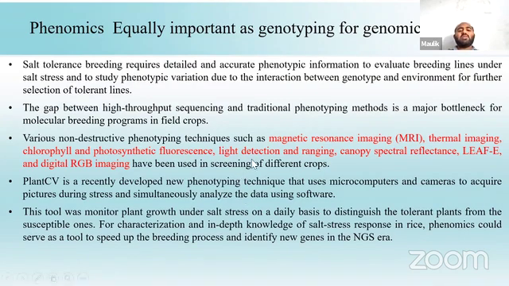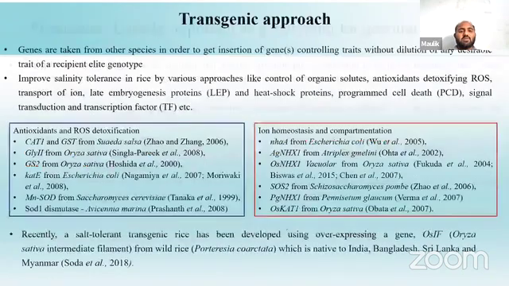So which tools are required for phenomic studies? Magnetic resonance imaging, thermal imaging, chlorophyll and photosynthetic fluorescence, light detection and ranging, and canopy spectral reflectance. These are all computer-based tools which are used in phenomic studies and get accurate phenotyping data which are responsible for salinity tolerance.